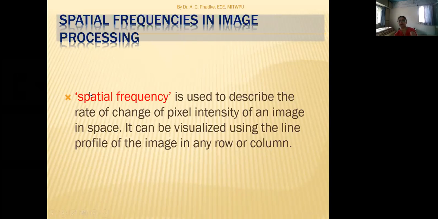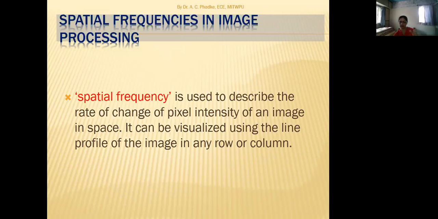How do we define frequency in time domain? We give it as 1 upon time period, right? And frequency is nothing but how many cycles are present in unit time, right? So it is basically the rate of change of amplitude with respect to time.